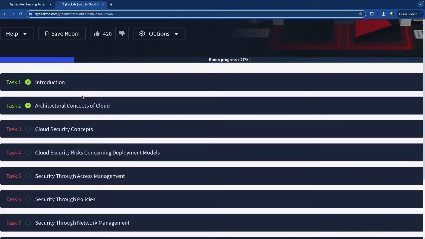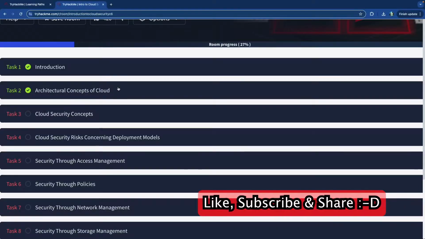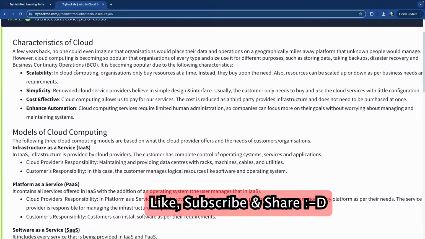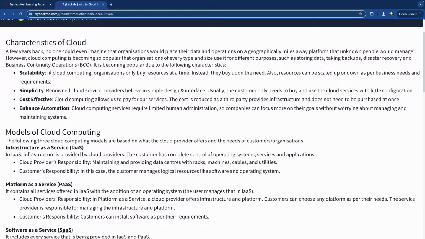So now that we've gone through that, let's talk about architectural concepts of the cloud. As we talked about in several other videos as well, and again, you've probably heard of this by now, characteristics of a cloud come in 4 general categories that we can talk about. And all of these things are meant to serve business continuity operations, which is acronymed as BCO.